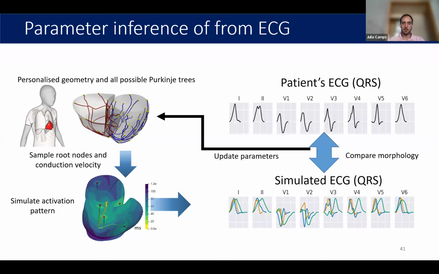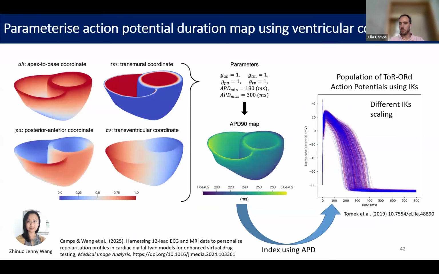So we define the parameter space first, then we simulate a distribution of these parameters, and we compare them with the clinical data. We get some discrepancy metrics, and then we continue iterating, refining this distribution of parameters in an iterative way.